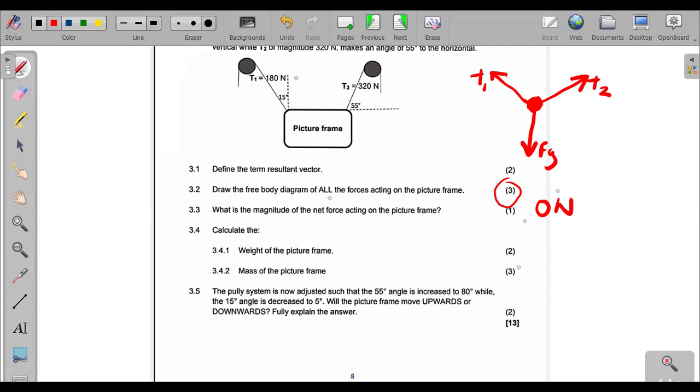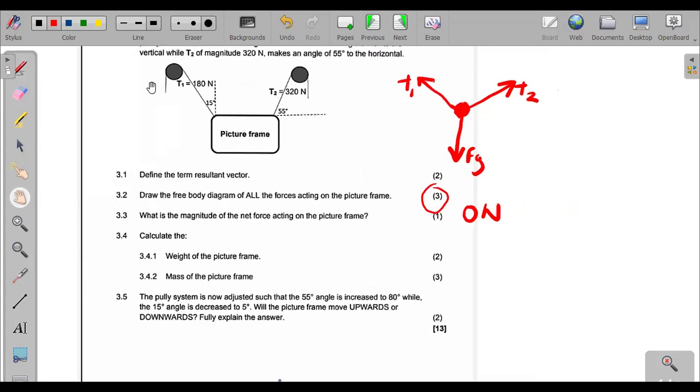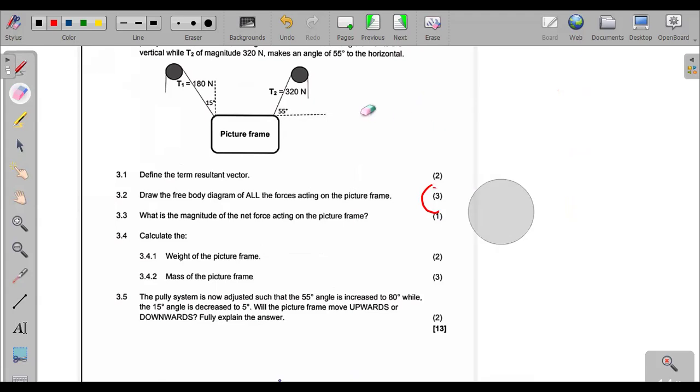Since F net is equal to 0, we can take advantage of that to calculate the weight. We are saying F net is equal to 0.